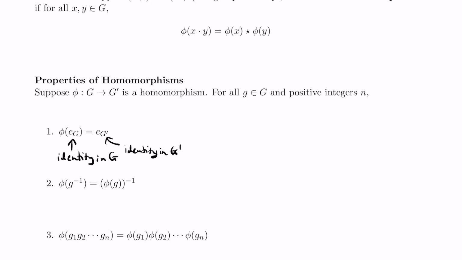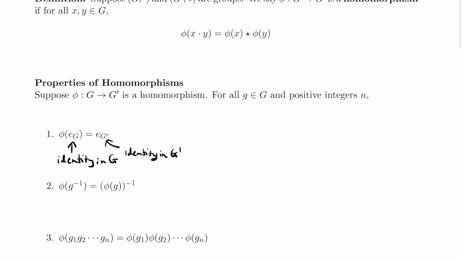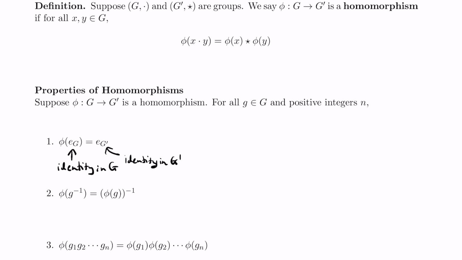Now, it's kind of a weird thing to actually establish this, but the only thing you have to work with in the group homomorphism is the multiplicative property. So you have to use it somehow. And since the only element we have to work with here is the identity, it makes sense to use it with the identity on itself.